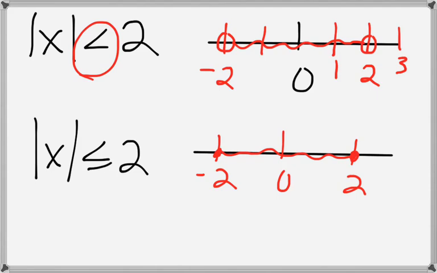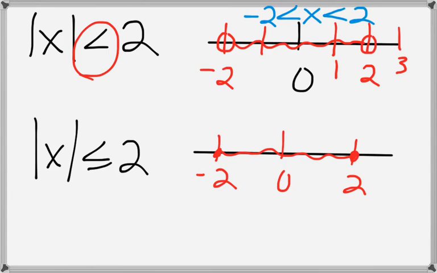So if we look at what we shaded here and we think about how we could write that as an inequality, the top graph says that x is between -2 and 2, so that would be the same as this inequality: -2 is less than x, which is less than 2.